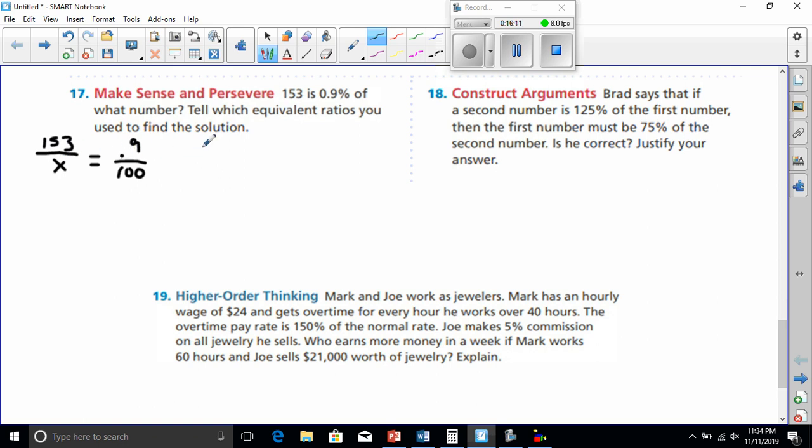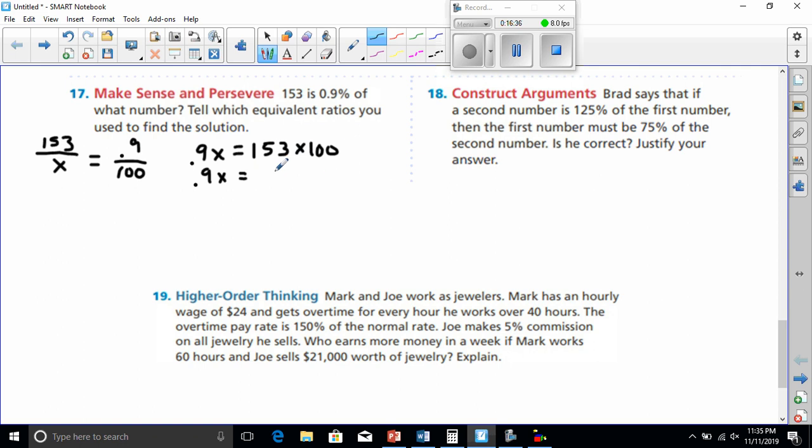All right, so to do this, I have to cross multiply. That's going to turn this into 0.9x has to equal, we're going to multiply this to this and then this to this, 153 times 100. I already know 0.9x can't be multiplied together, so I'll just leave that like that.